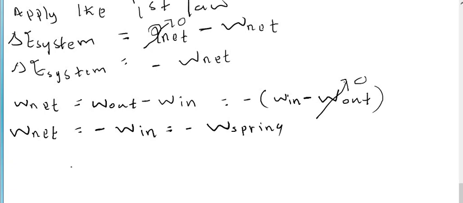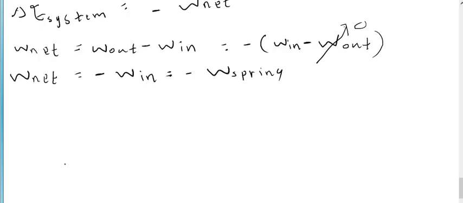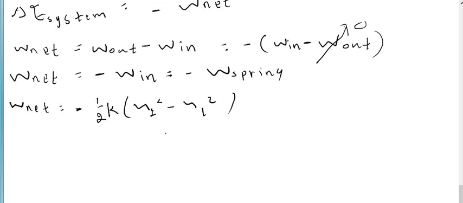So what is the work done by the spring? We apply the formula from elasticity. Work net is equal to work done by spring, that is minus a half k, the spring constant, into x2 squared minus x1 squared.